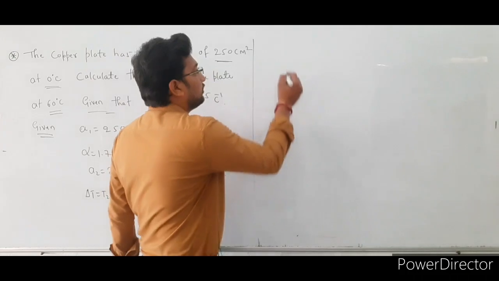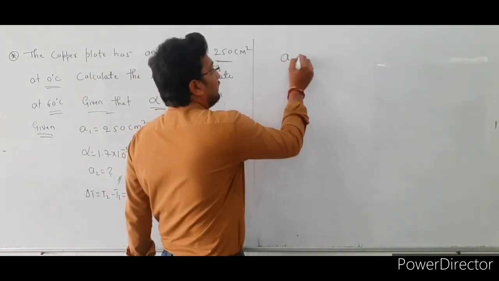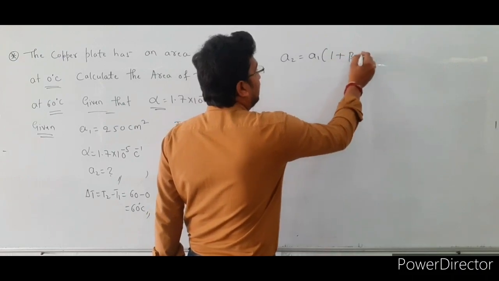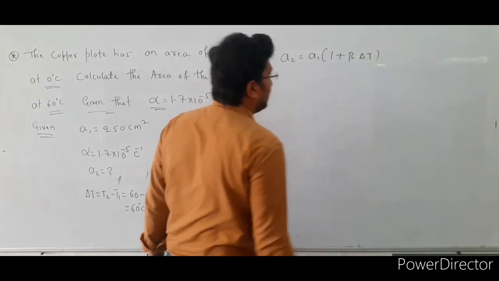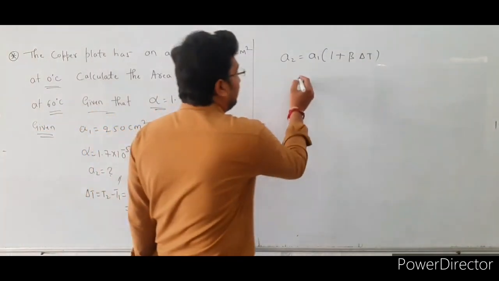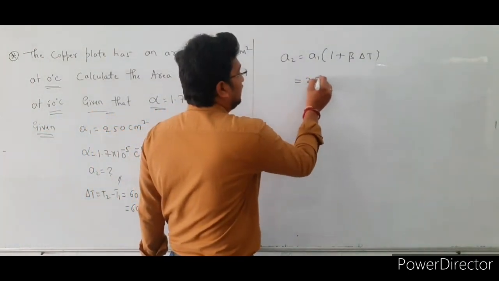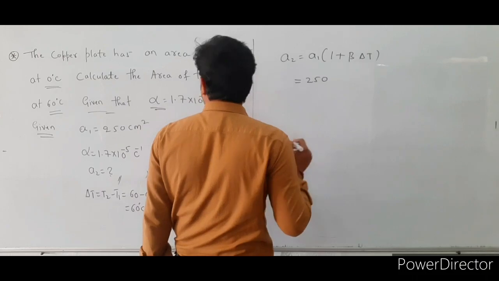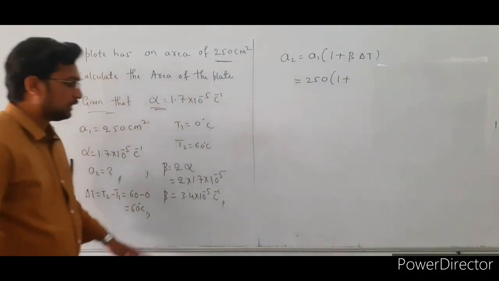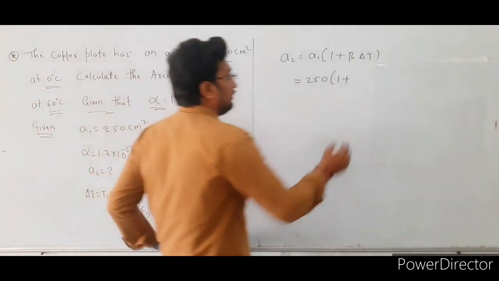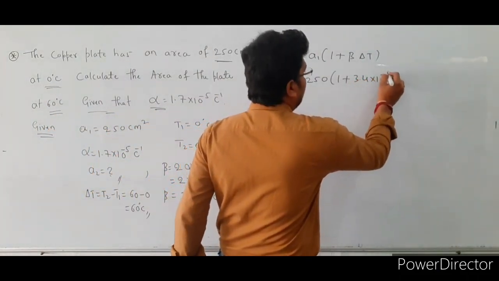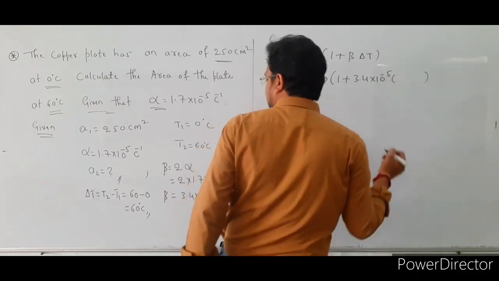So already we know that to calculate the area, A2 is equal to A1 bracket of 1 plus beta into change in temperature. A1, the initial area, is given, that is 250 centimeters square, bracket of 1 plus the beta value, that is 3.4 into 10 to the power of minus 5, into change in temperature.